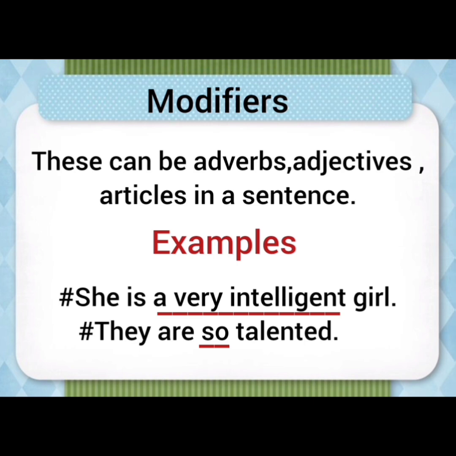So, a very intelligent: there are a few more words that can be part of the predicate, and they are the modifiers of this noun girl here. They are so talented. They is the subject, are is the verb, talented is an adjective here, and so is used to modify this word talented, and it's an adverb here. So that's how we can use modifiers in our sentences.